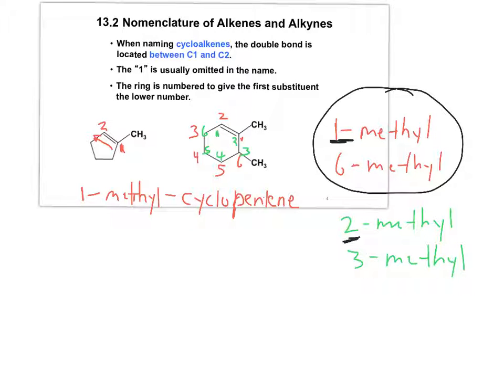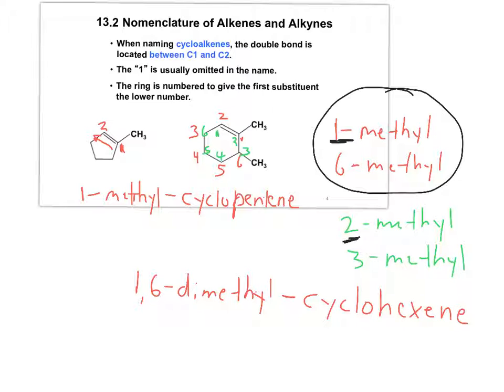So the name of the molecule above is 1,6-dimethylcyclohexene. The dimethyl stays the same because there's 2 methyl groups. Don't have to put the 1 for the double bond because it's assumed or omitted in cyclic alkenes.